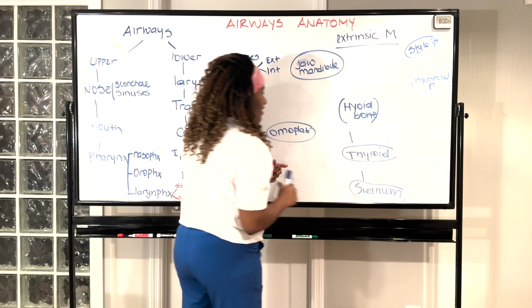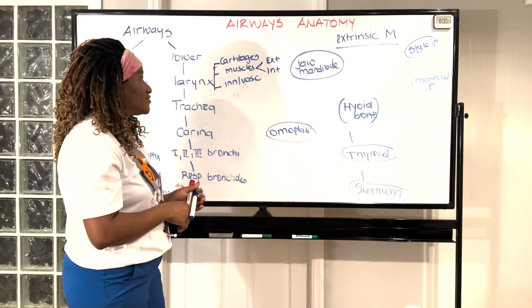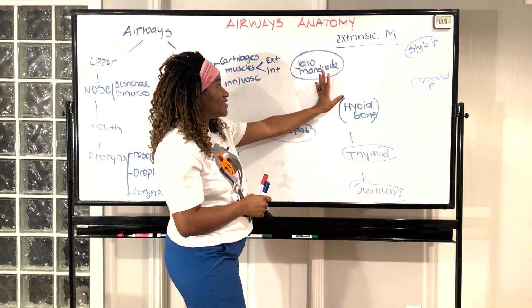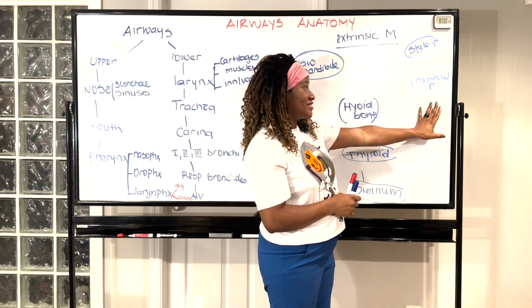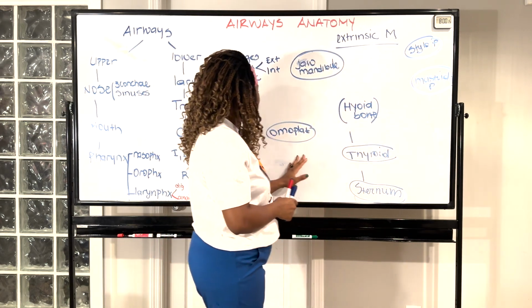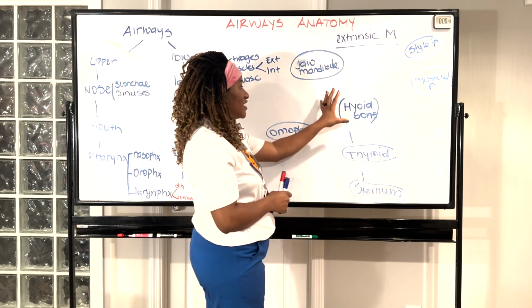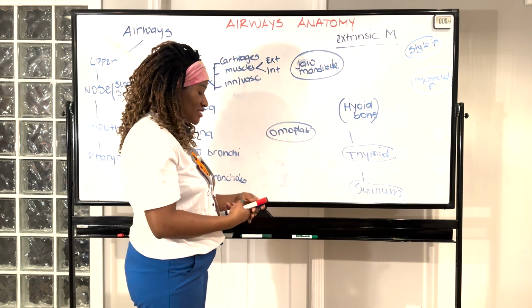So these are all the attachments. So on top here, they're gonna attach to the mandible, styloid process, mastoid process, and down here they're gonna attach to the omoplate, thyroid, and sternum. But their reference is the hyoid bone.